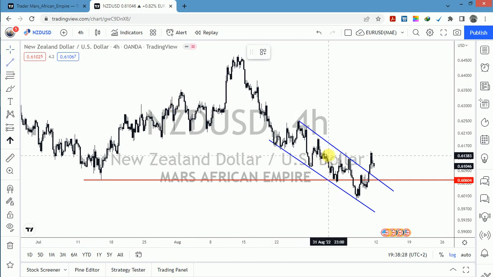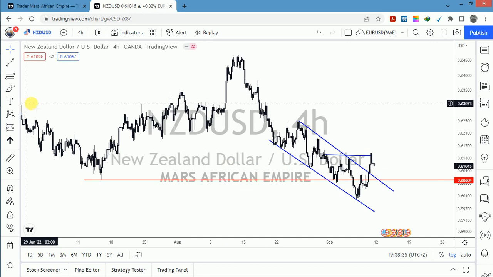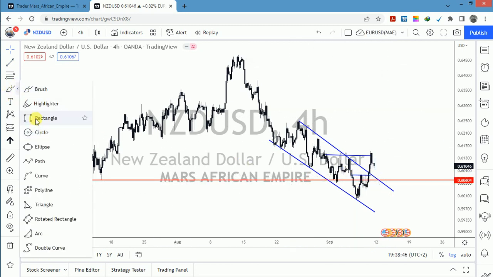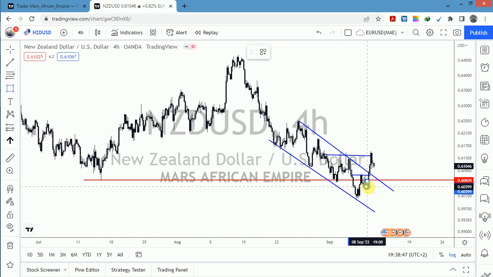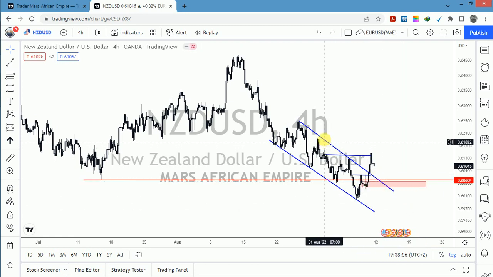We have a break of structure here, a change of character here, and then we also have a break of structure here. We also have a break of structure there. So we'll be hoping, or we'll be looking for an entry on that order block there. That is whereby we'll be looking for an entry.